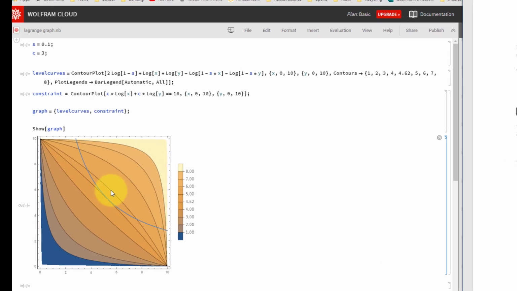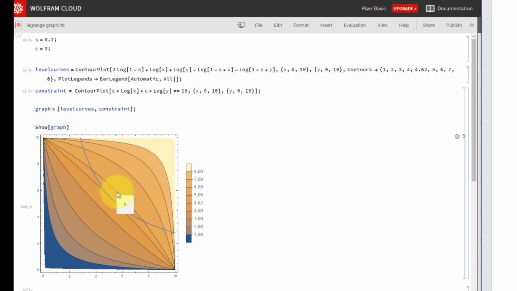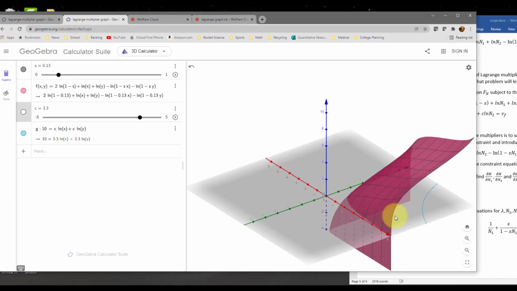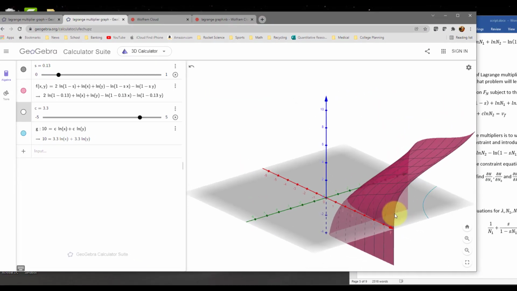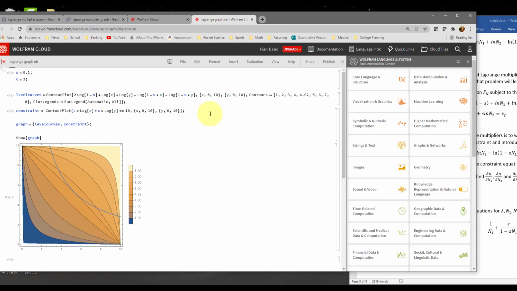Actually, there we go. See that 5 right there? Those are all the points where the function hits 5. And these are all the points where the function hits 6 and 7, which is what I'm asking it to plot. And there's the last one, 8. And these are values where the function is bigger than 8. You could see that in this picture right here, where the function is increasing as we go to bigger and bigger x and y values, or n1 and n2 values.